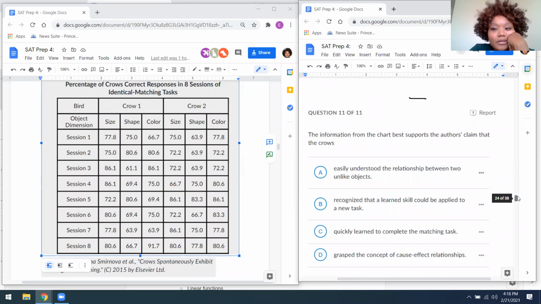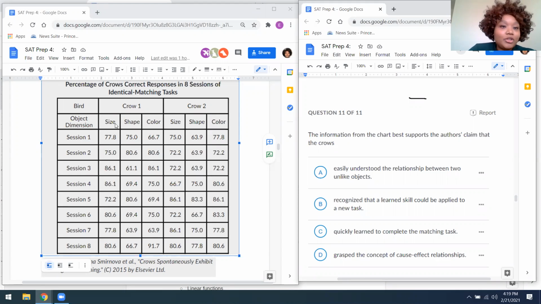Number 11, I'll just tell you what the answer is. The answer is C. The information from the chart best supports the author's claim that the crows quickly learn to complete the matching task. So looking at the chart, the numbers here are averages for each session, depending on the object dimension.